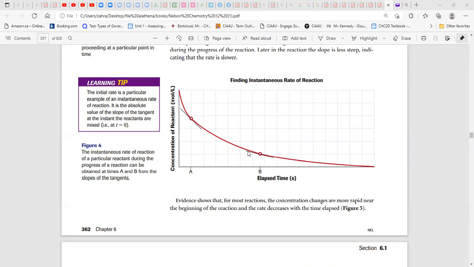Same thing, the slope of this tangent line gives you the rate of reaction at point B. As you see, the slope here is much sharper than the slope here, which means this is happening much faster than this. At the beginning, the reaction is very fast, and when the concentration gets smaller, the rate of reaction gets smaller.